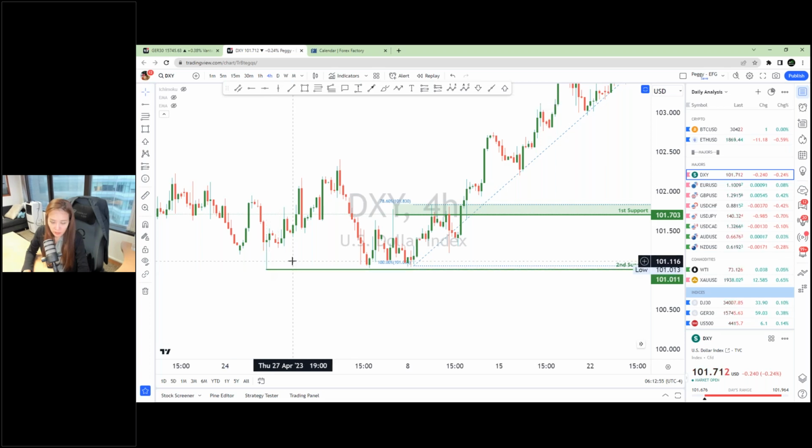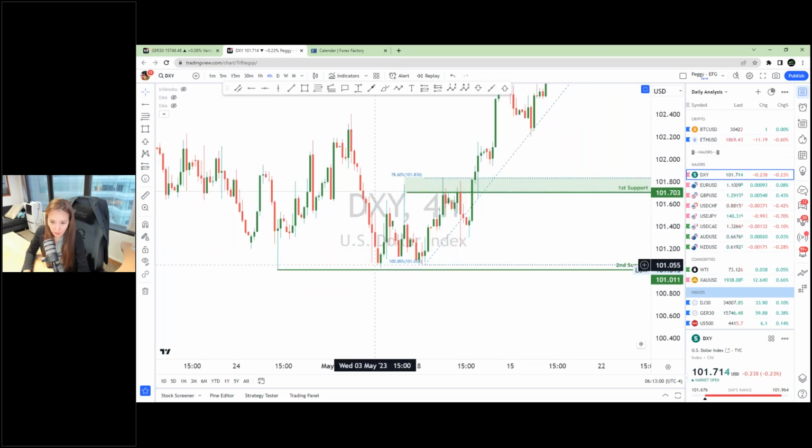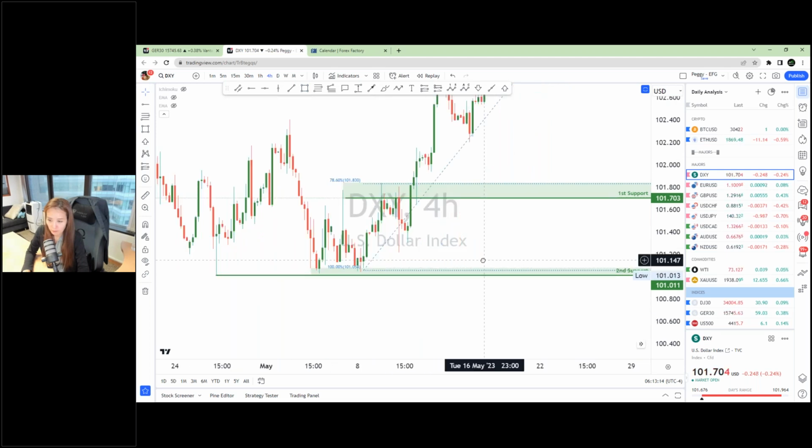You know that around this area, price came this week and could not go below. So you just draw your support and resistance, and then use the box to highlight the zone or area that you want to watch out for as your second support.